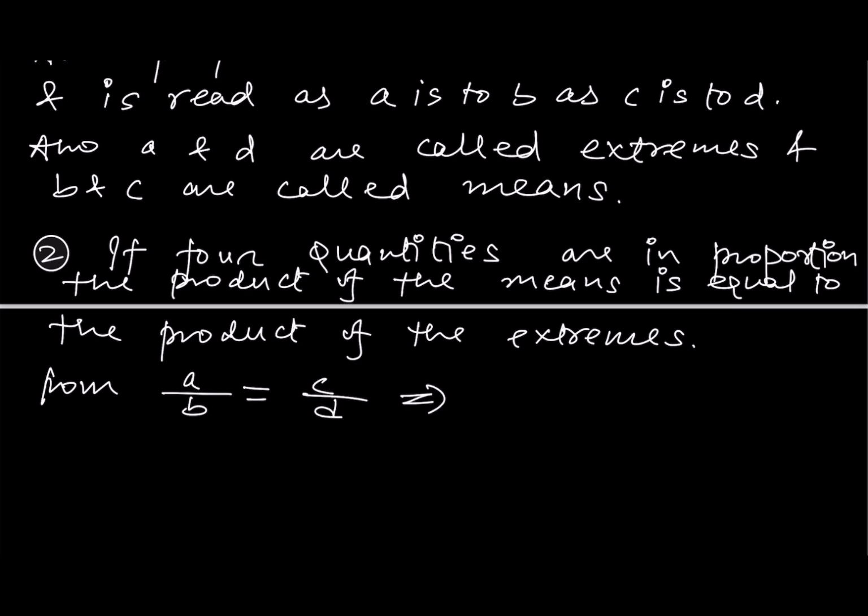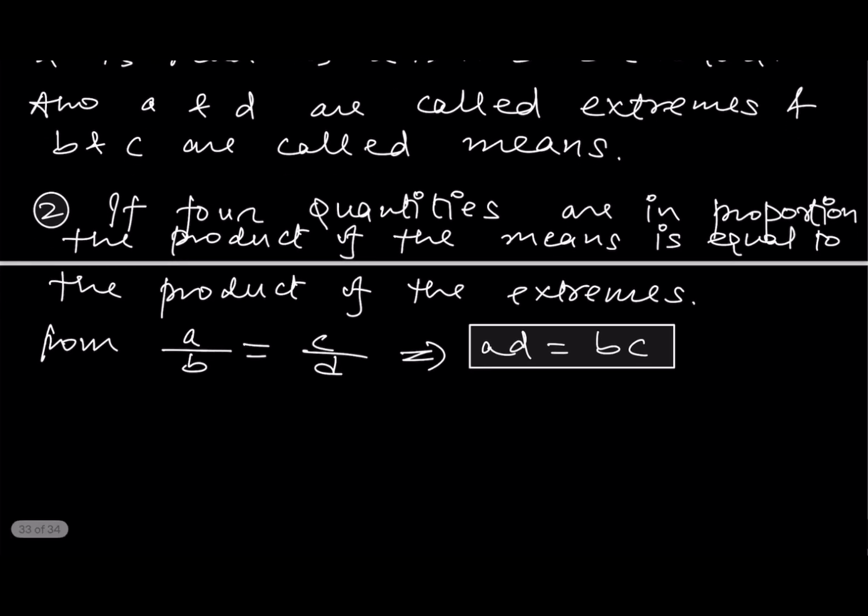So we can cross multiply, that is AD is equal to BC. And what is written in this last point? AD is equal to BC means product of extremes is equal to product of means, and also converse is true.